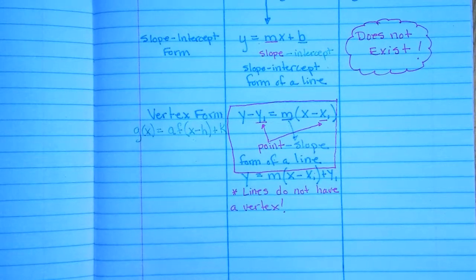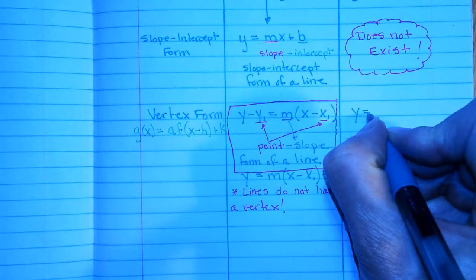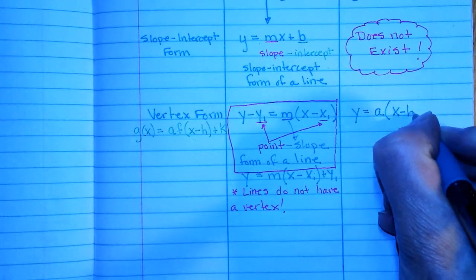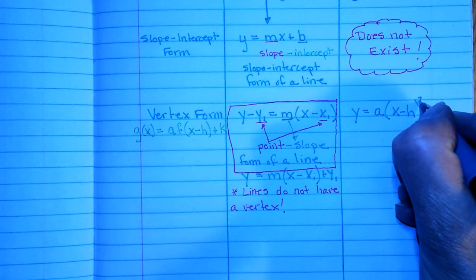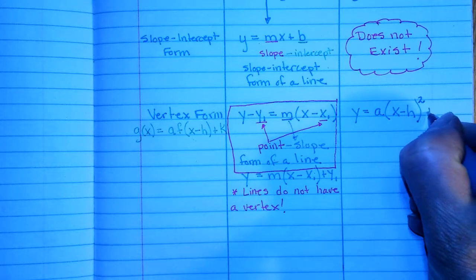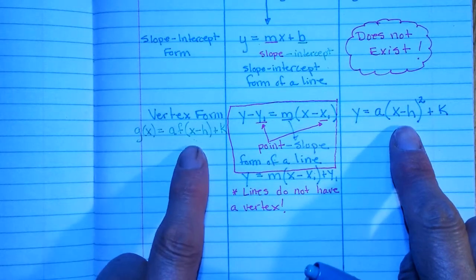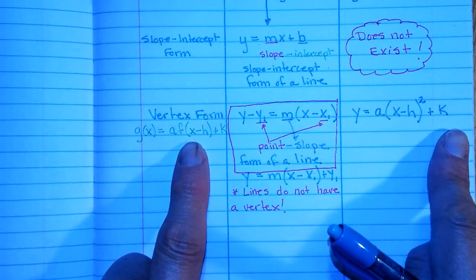When we look at quadratics, we can write y is equal to a times x minus h, and because this is a quadratic, I have to have a square and then plus k. So you can see this is very similar to this. It should be very familiar since we've done a lot of transformations with absolute value functions.